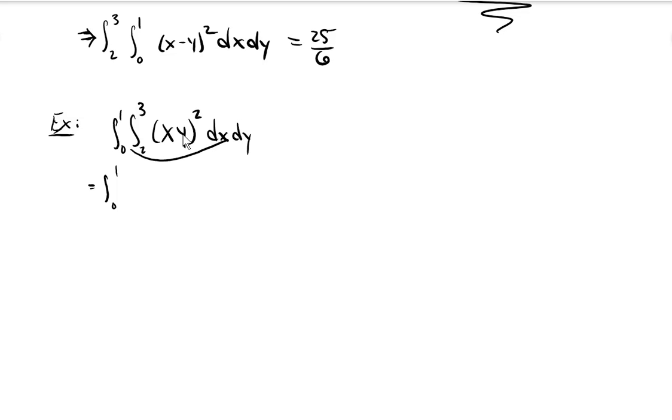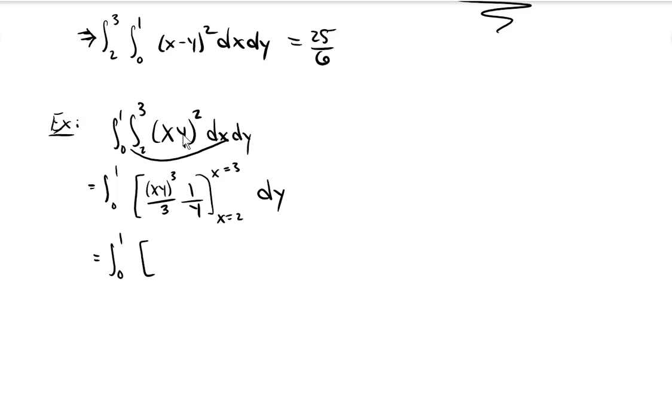I think if you do that, this is what you'd end up with. And this would be evaluated from x equals 2 to x equals 3, whatever that gives you, integrate from 0 to 1 in y.